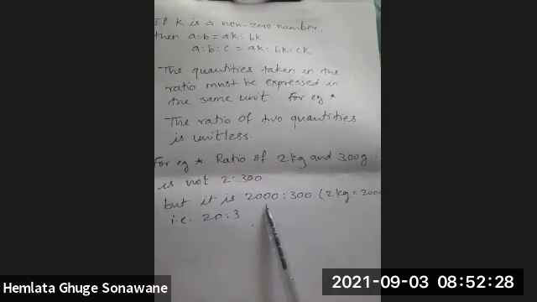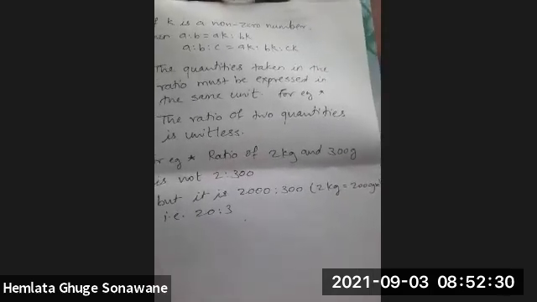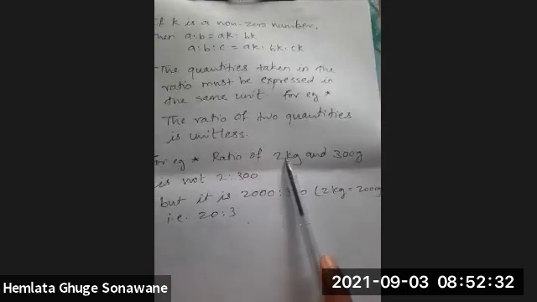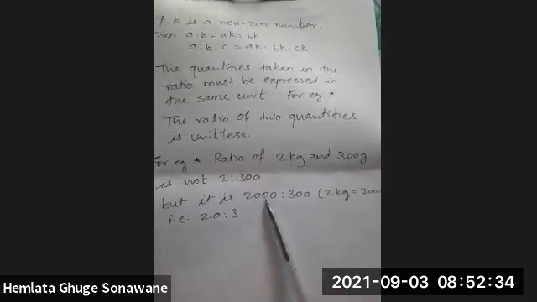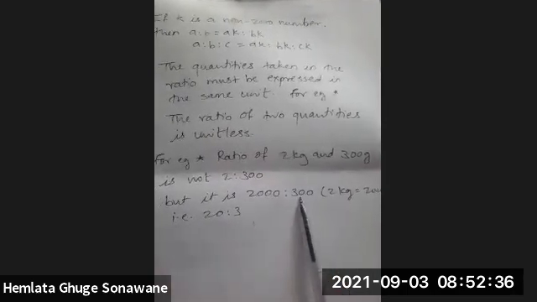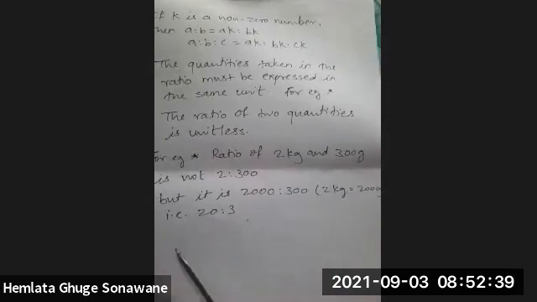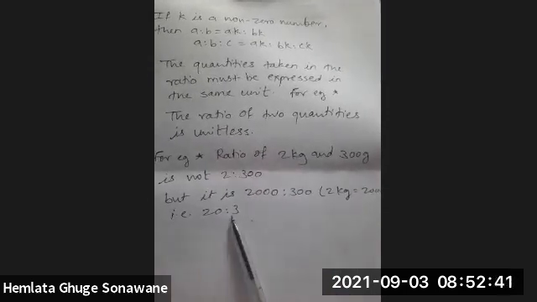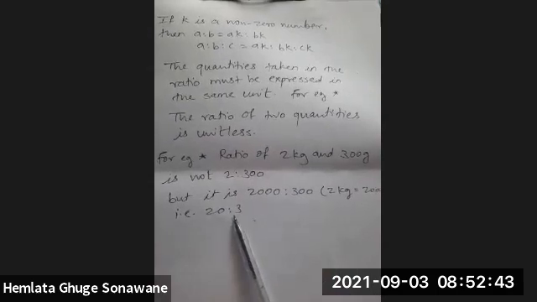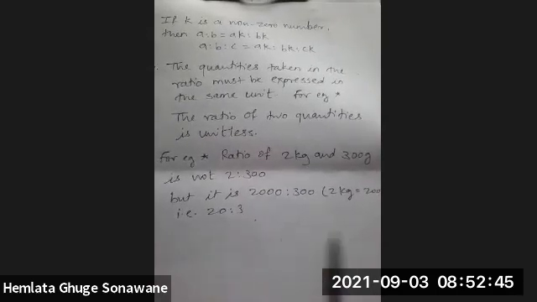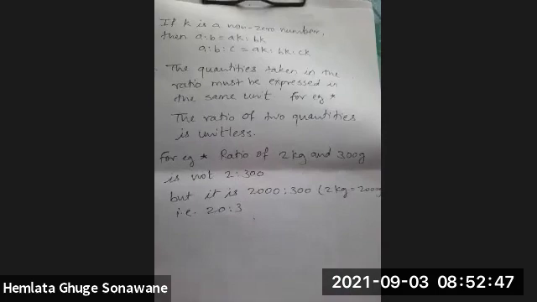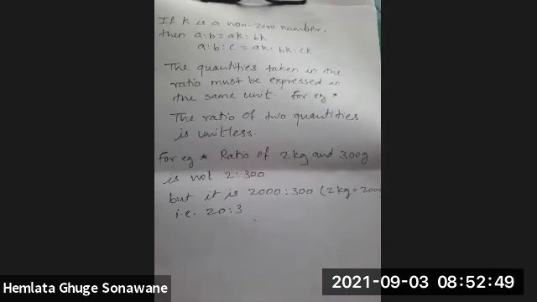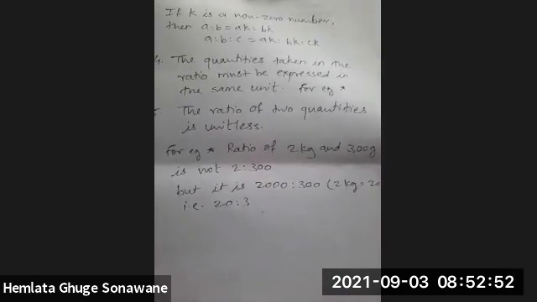So we know that 1 kg is 1000 grams. So we multiply 2 with 1000 and we get 2000 grams is to 300 grams. So the ratio will be 20 is to 3. In this way, we can find the ratio for the given terms by using this property.